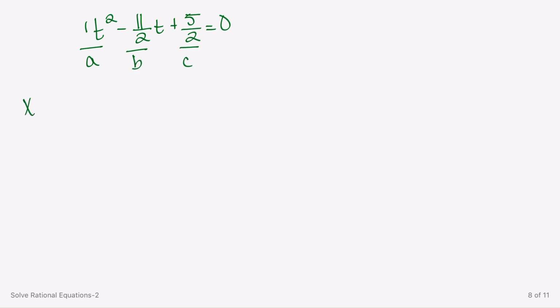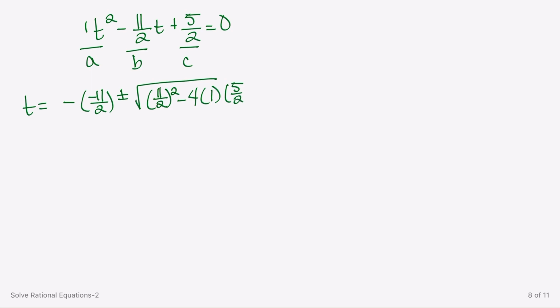So I have x, well in this case actually I have t, so I'm going to say t equals negative b, so negative negative 11 over 2, plus or minus the square root of b squared minus 4 times 1 times c, which is 5 over 2. And that's all over 2 times 1.